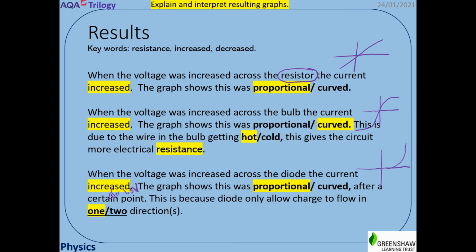The graph shows that it was proportional, but it was only proportional once we got here. In fact, no, I'm going to change that. I'm going to say that that is curved. No, we'll leave that because it is proportional after a certain point. And that is the diode only allows flow to charge in one direction.